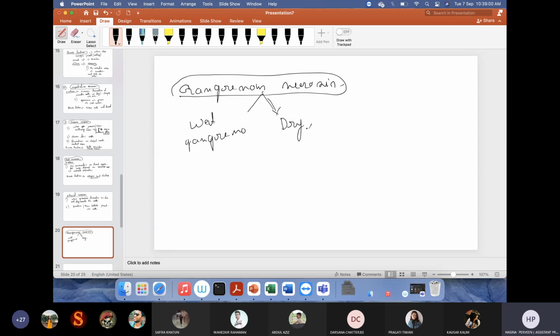Okay. These conditions form when cells are in an ischemic condition. And this is when ischemia plus liquefactive condition. Okay.